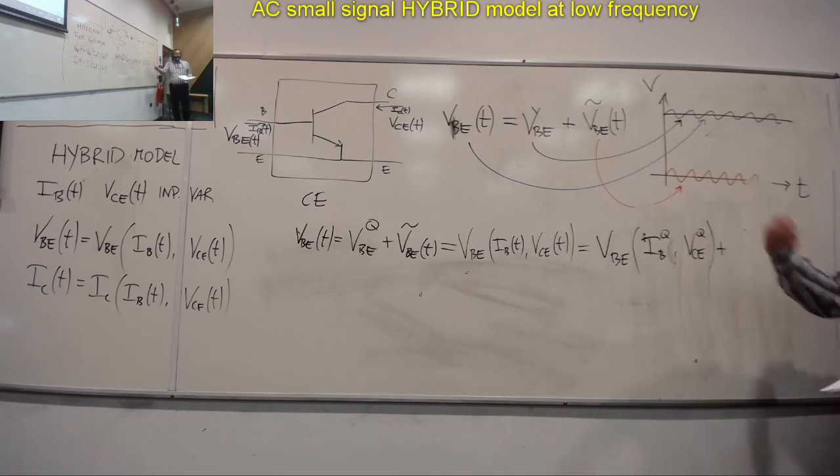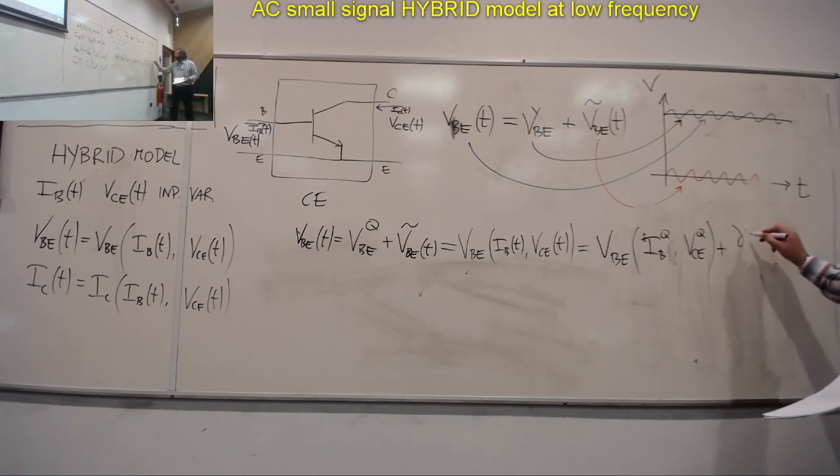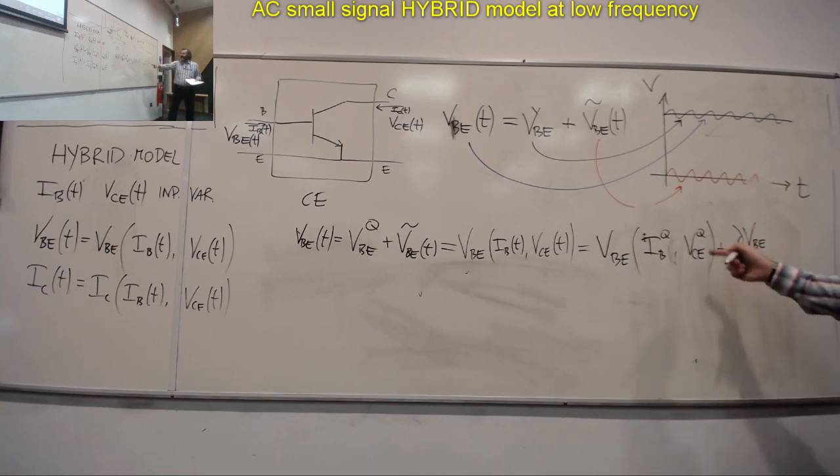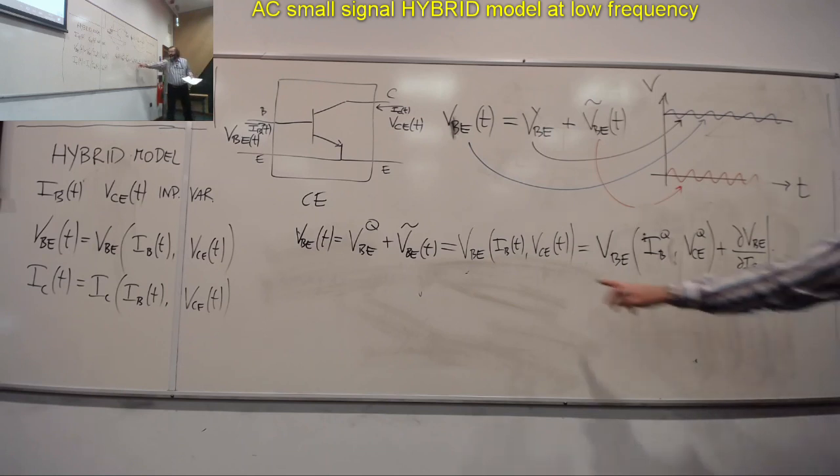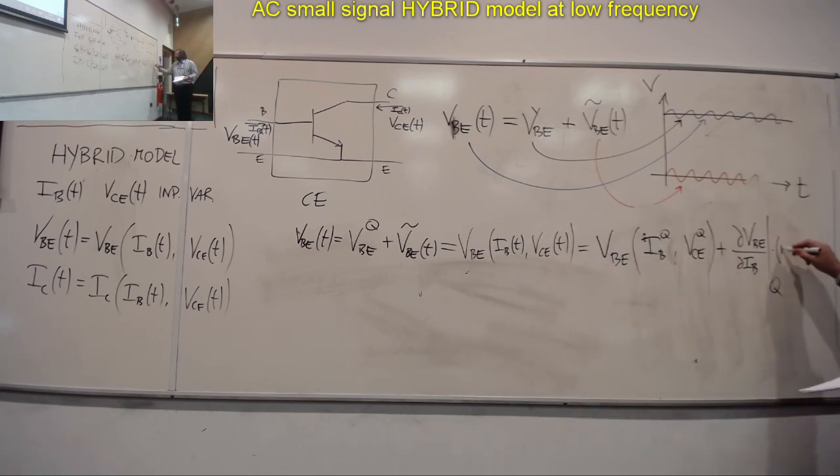Plus, now the derivatives. Now I need to put the derivative of VB with respect to the first variable, IB, calculated at the quiescent point, times the delta related to IB. So I need to write IBT minus the IB at the point where I'm doing the expansion, which is IBQ. I shouldn't have deleted that.